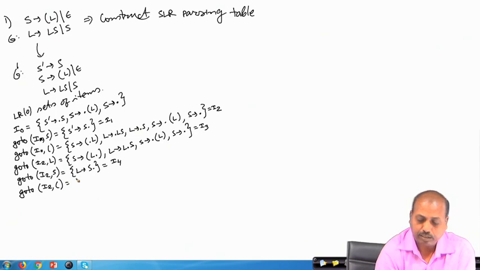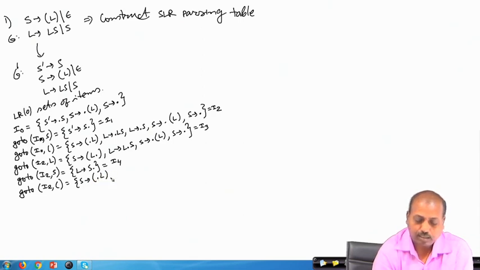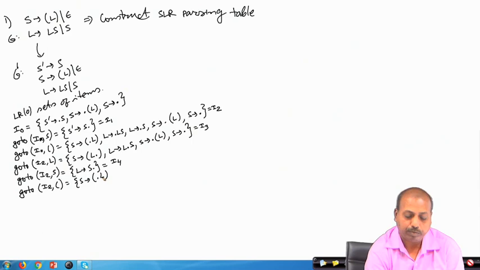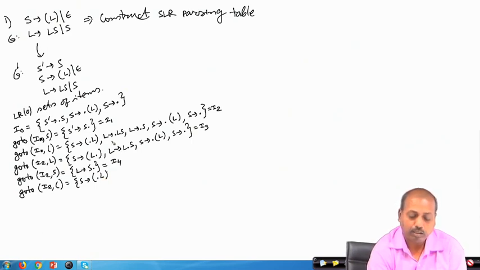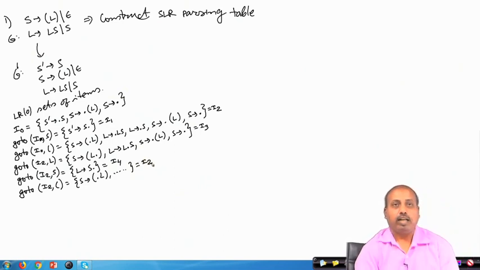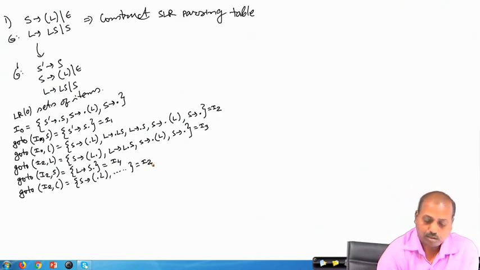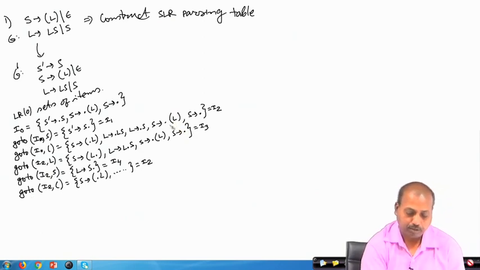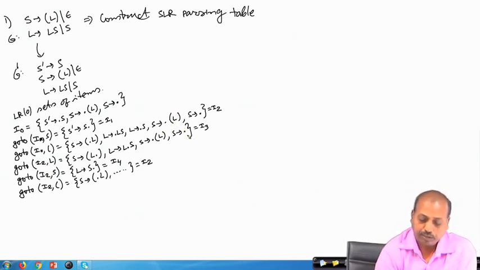This will give me S producing open parenthesis dot L, and since there is a dot before L, it will be giving me all these items again. All those items will be coming here. So, this essentially gives me back I2. So, go to I2 open parenthesis is I2 only. Now, go to I2, I do not have anything else, I believe. So, this open parenthesis is done. Now, I have to look for this item I3.